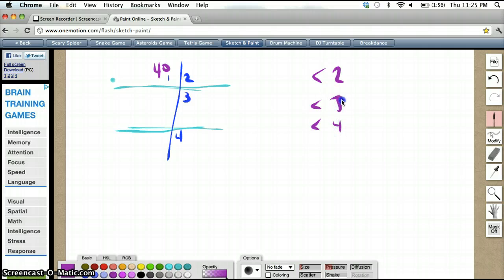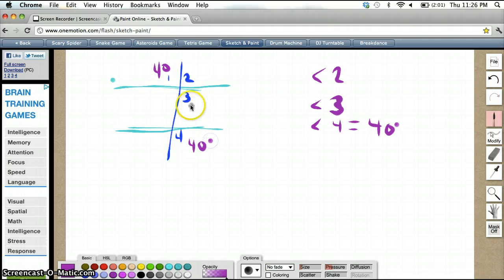We can start with a couple things. Angle 1 and angle 4 are what we call alternate exterior angles, so they are equal to each other. If angle 1 is 40, then angle 4 is also 40 degrees.